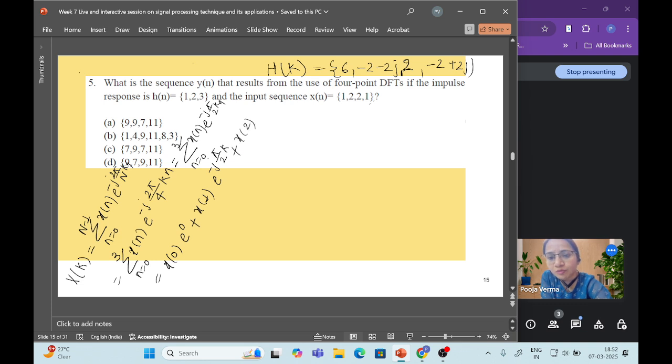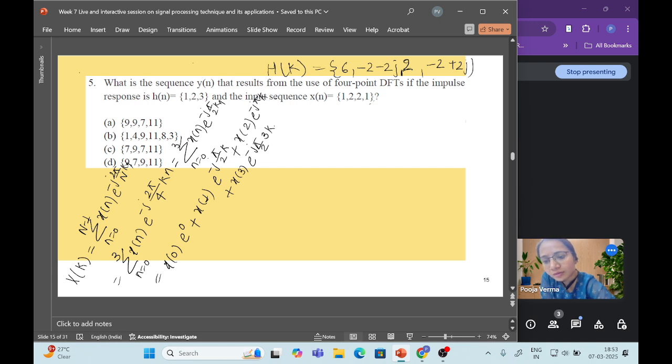Similarly, x of 2 e to the power minus j pi k plus x of 3 e to the power minus j pi by 2 k is, sorry, 3, the value is 3, so 3 k. Now we will put the values of k is equal to 0, 1, 2, 3. Then we will find out.